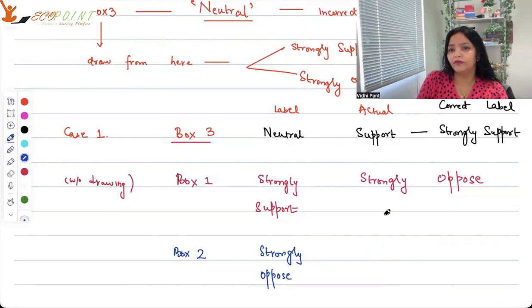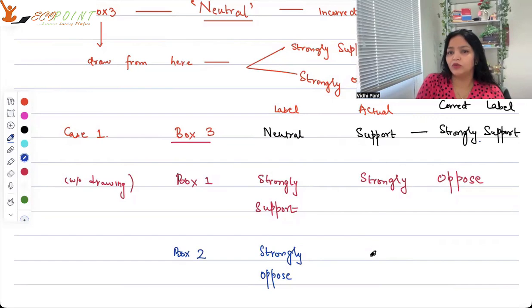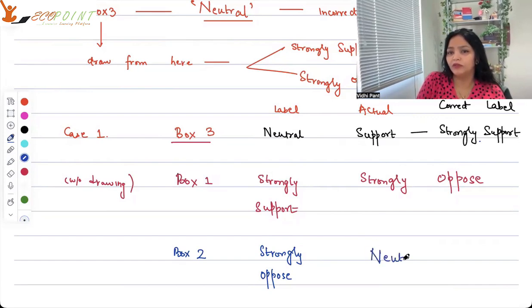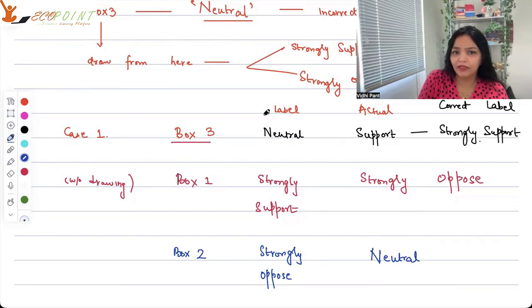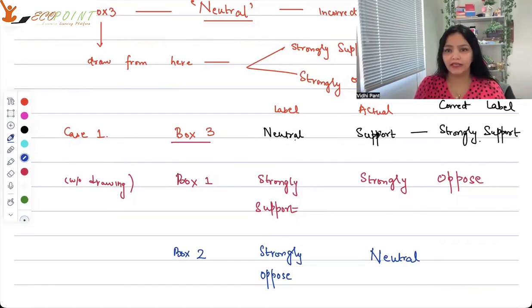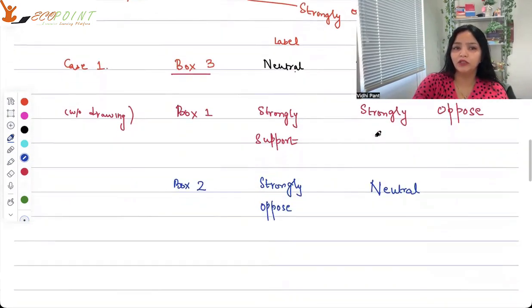So if this is strongly support, this is strongly oppose, the only one left is neutral. And this is consistent with the data. So box 3 label neutral, wrong, strongly support for 1, wrong, strongly oppose for 2, wrong. In case I get strongly support data point from box 3, that means that box 3 is strongly support. Automatically in that case, box 1 should be strongly oppose and box 2 should be neutral.